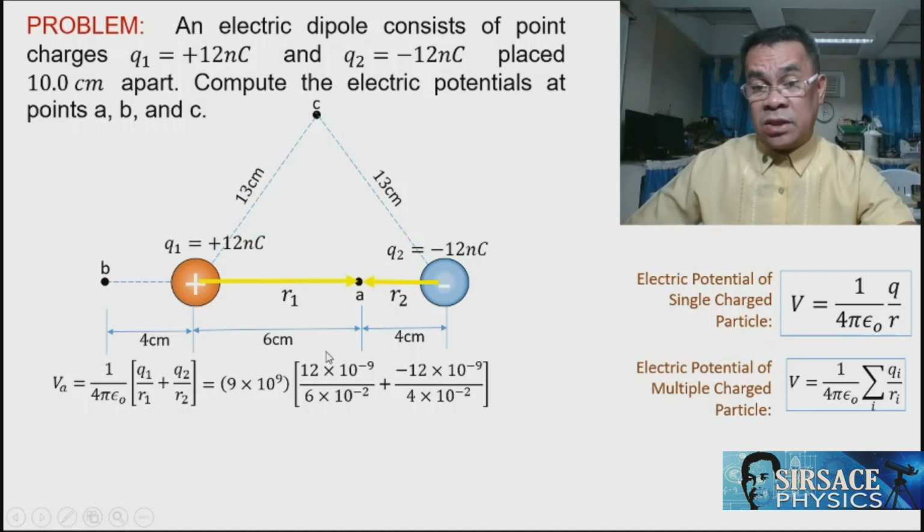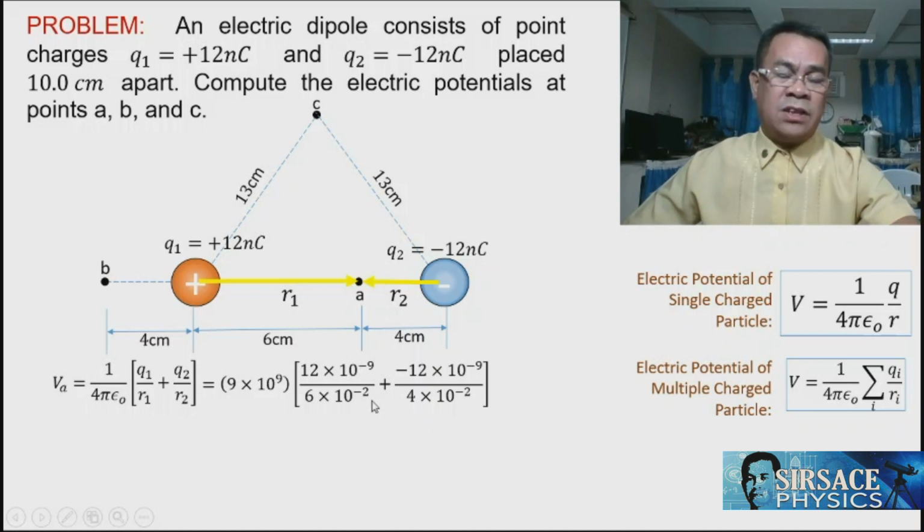Again, converting the nano is to multiply by 10 raised to negative 9, so that it will be consistent with our constant. The units should be in SI so that the resulting unit becomes volt. You cannot provide a unit of volt if the units are inconsistent.